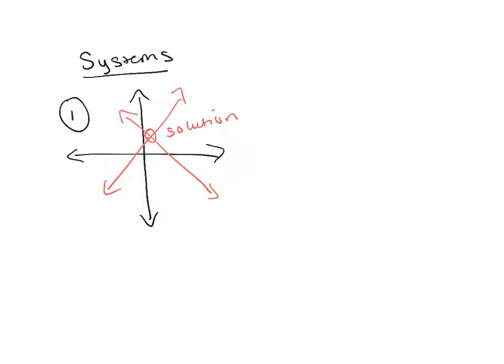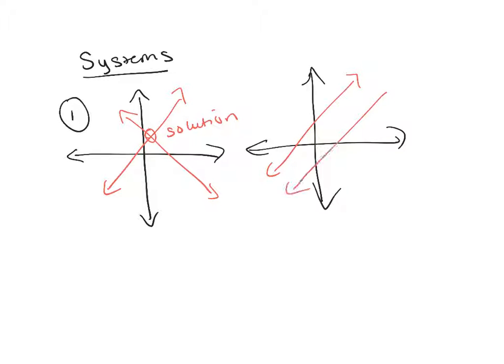We also know that sometimes the two lines don't meet. Perhaps you have two lines that are parallel. If this happens, we know that there is no solution.